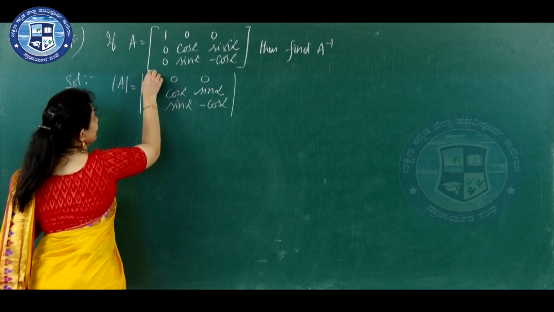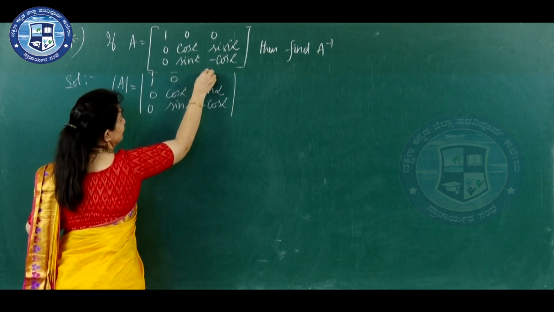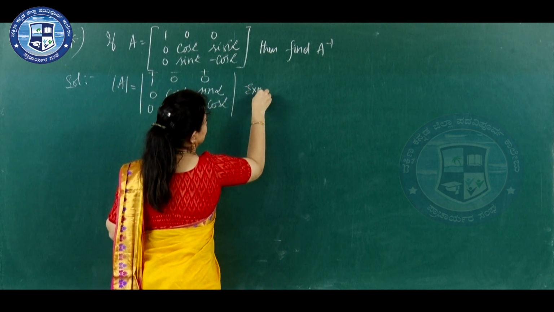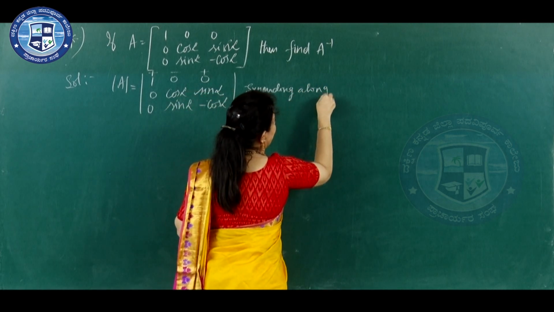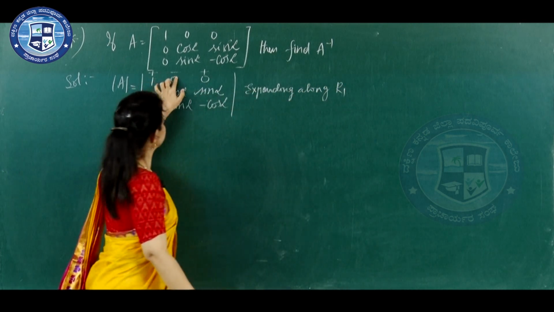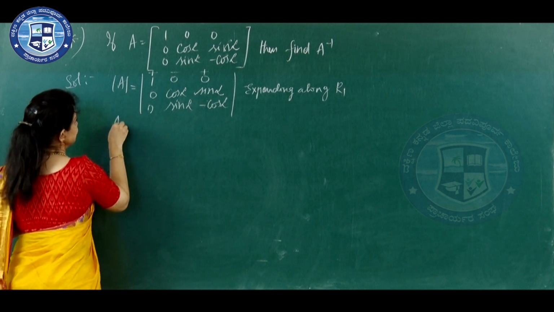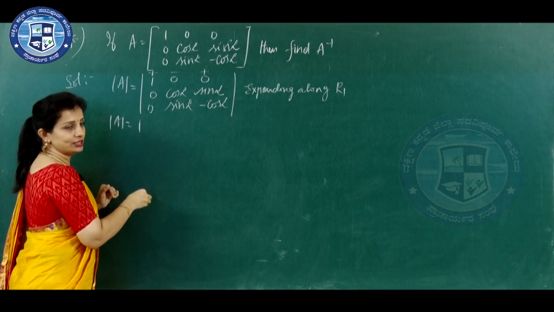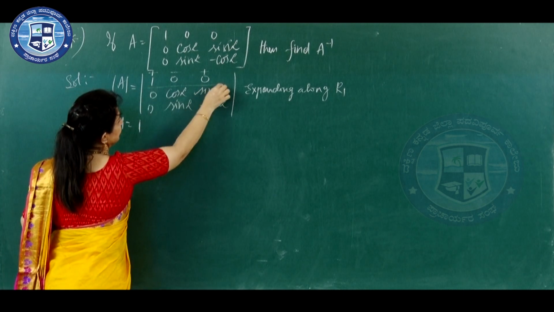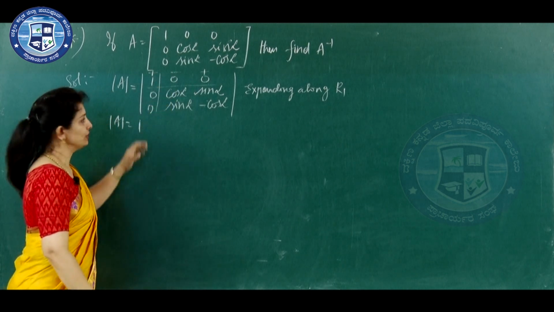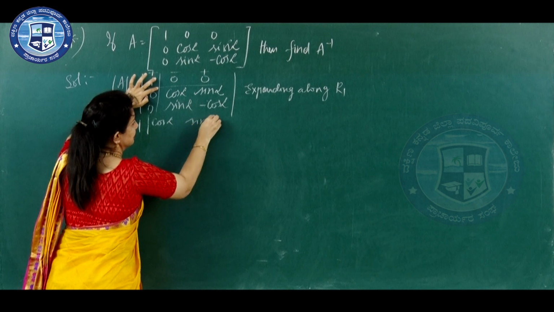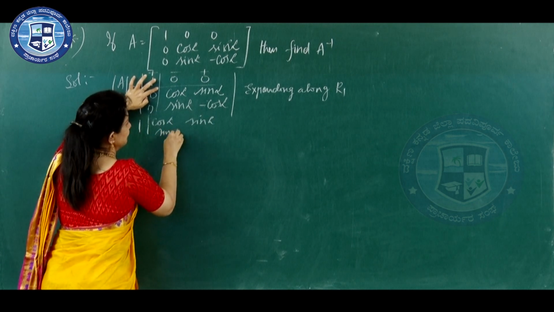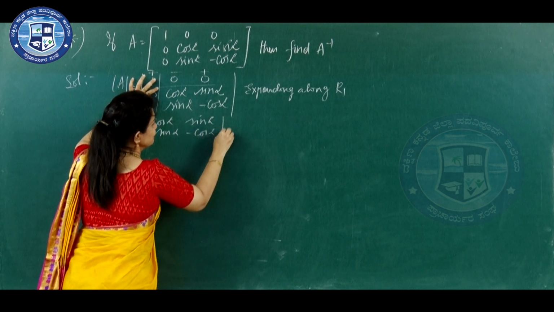So expanding along R1, with signs plus minus plus, determinant A is 1 into, delete the first row and first column. So the 4 elements are cos alpha, sin alpha, sin alpha, minus cos alpha. How much is this?